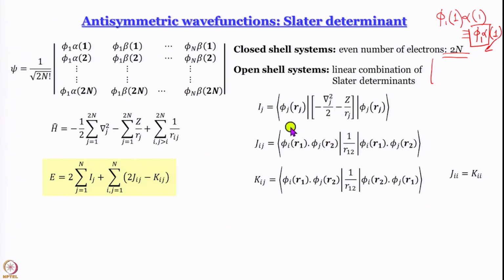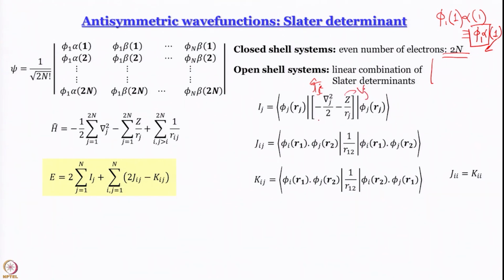So phi j of Rj left multiplying, essentially it is the kinetic energy term, you can say the Tj operator. I missed that the half should also go in. This is the Tj operator and this is basically the Vj operator, kinetic energy and potential energy.